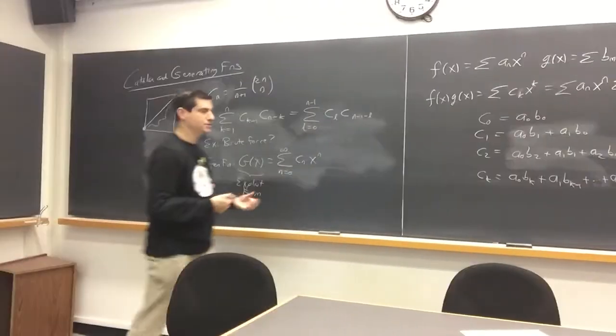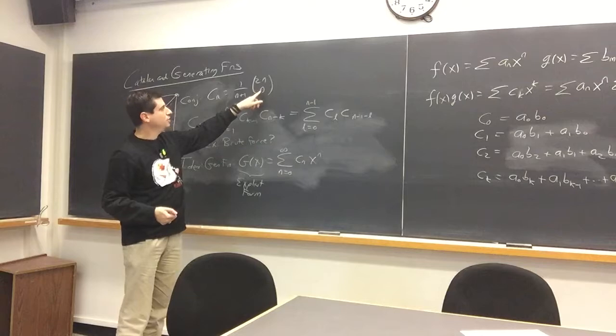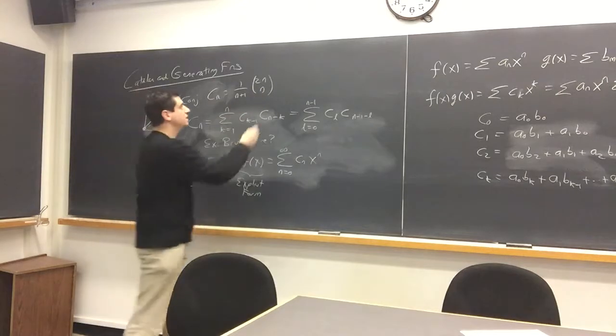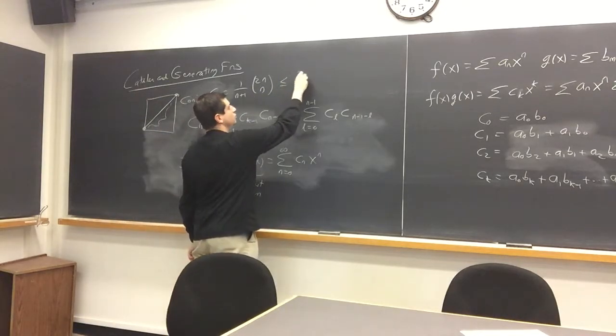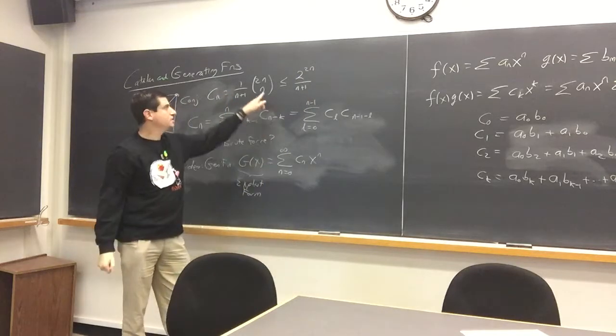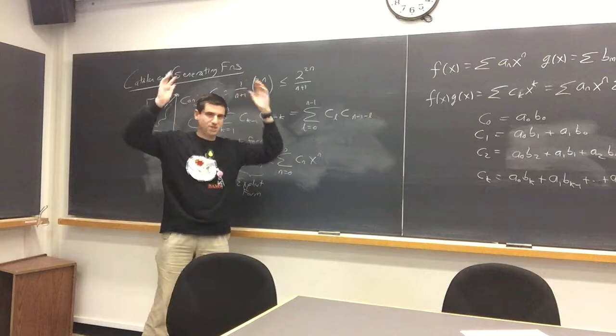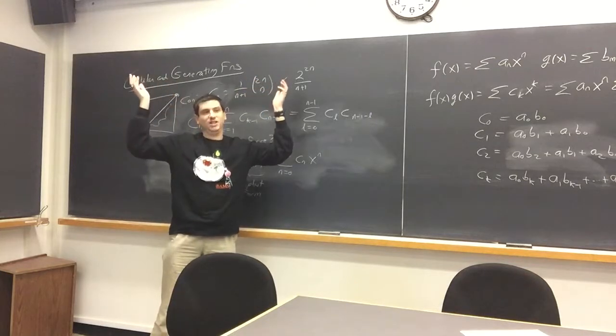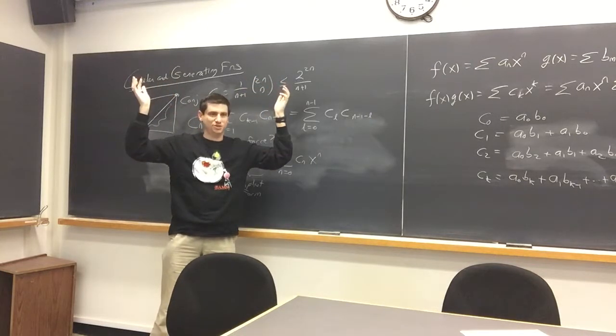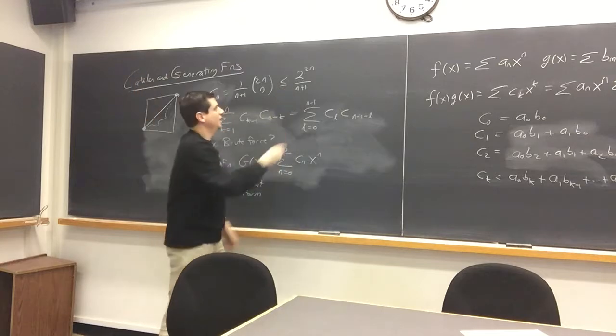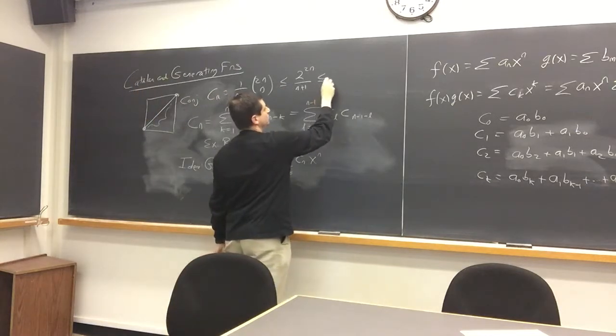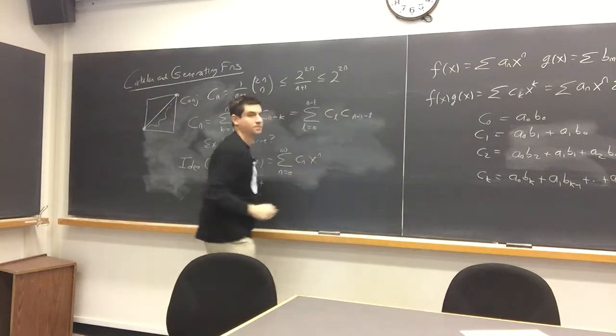So for the Catalan numbers, we have 2n choose n. This is clearly less than or equal to 2 to the 2n over n plus 1. Because this is a binomial coefficient from x plus y to the 2n. Clearly it can't be worse than just 1 plus 1 to the 2n. And in fact, this is less than or equal to 2 to the 2n.